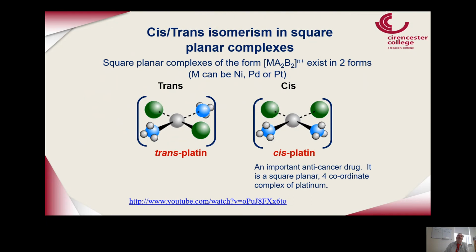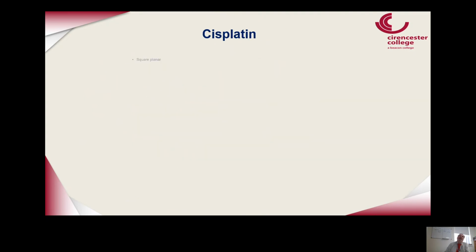So obviously 4-coordinate means making 4 bonds, 4 dative covalent bonds, as a metal, which is a bit unusual, new in 6th form or A-level chemistry, where we're talking about metals making covalent bonds. Okay, so cisplatin is an anti-cancer drug, square planar, anti-cancer.